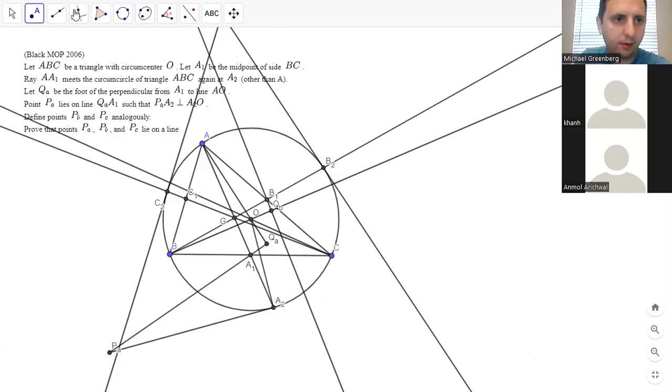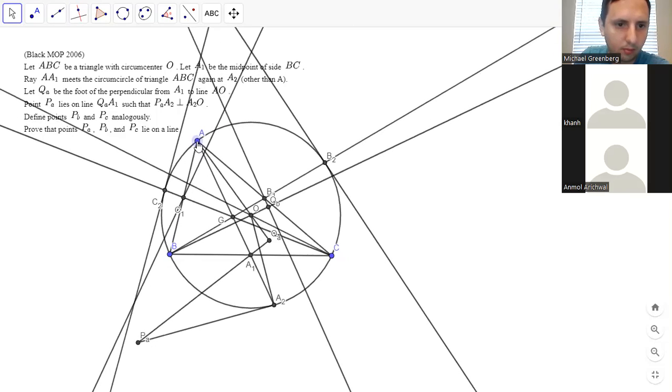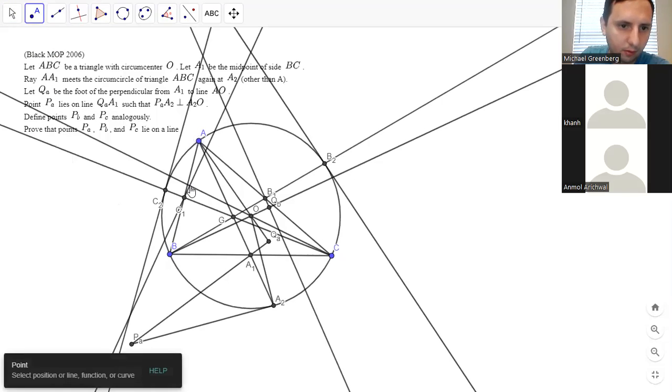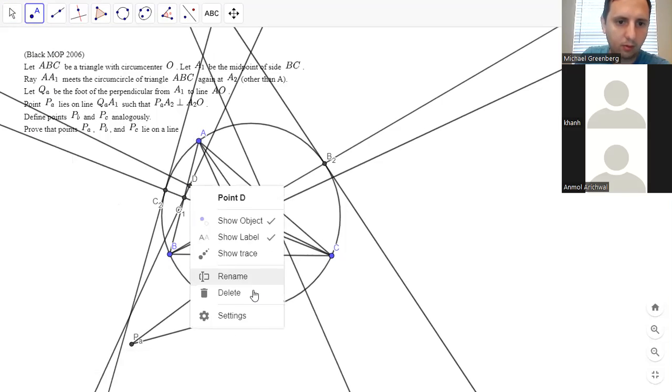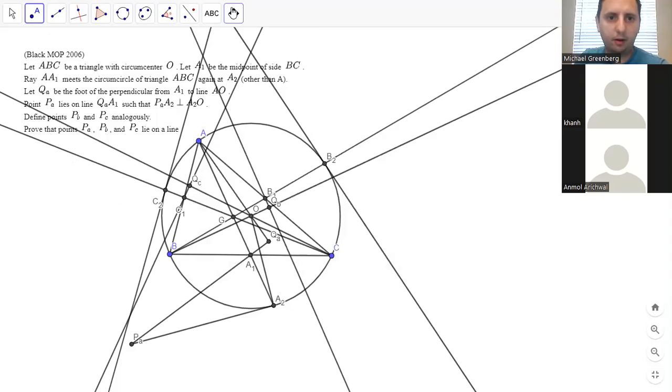And C1 to CO. And that would be QC. Like there. Let me make things look a little better. I'm going to hide a bunch.